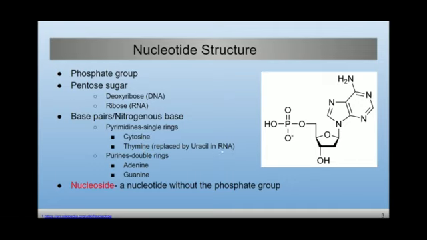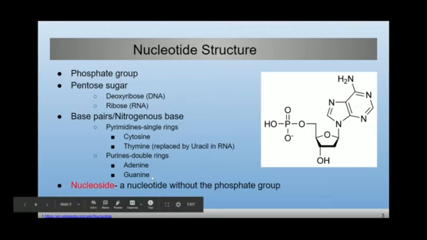However, in RNA, you've got cytosine, but instead of thymine, you replace it with uracil. We'll get to that in the future unit, but this is also important to know here. Purines, the double ring compounds, we've got adenine and guanine, and those stay exactly the same.